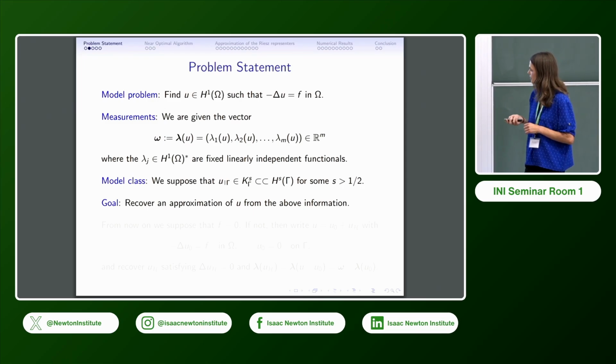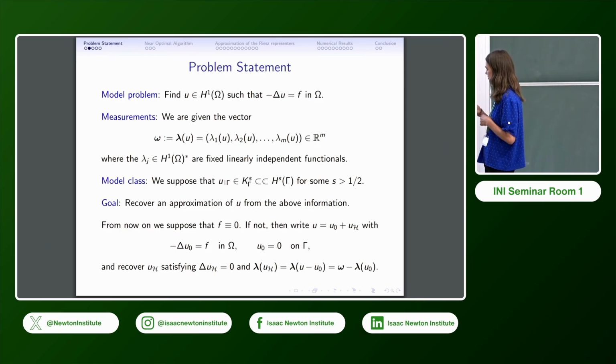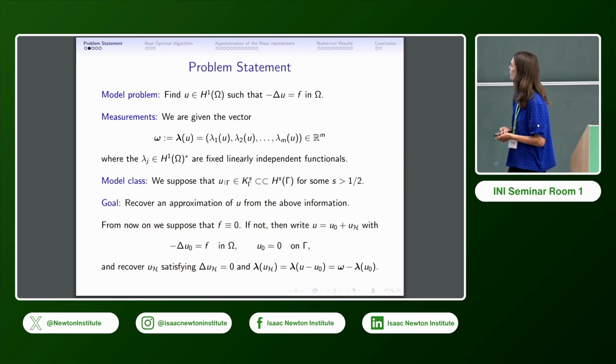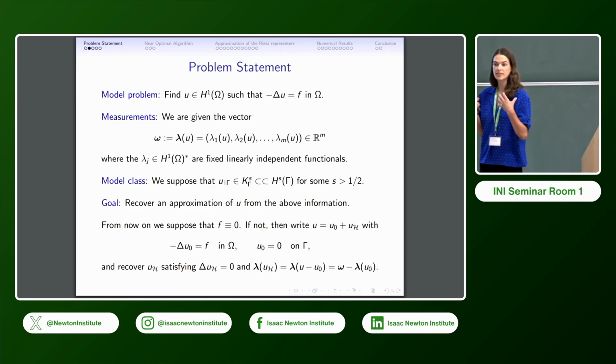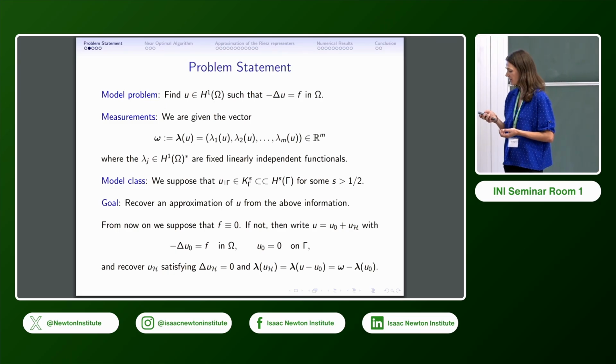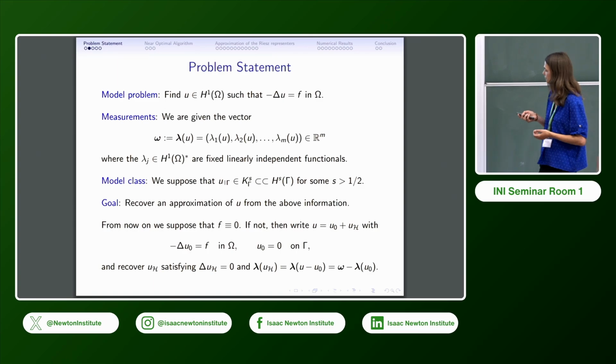So I will actually further simplify the problem. I will just take f equals 0, because as we've seen this morning, this is not a key point in our problem. For a given f, we can simply split the solution u as u0 plus uh. The u0 is a solution of minus Laplacian u0 equals f, with zero boundary conditions. And then the remaining part will be a harmonic function, which has trace in H^s.